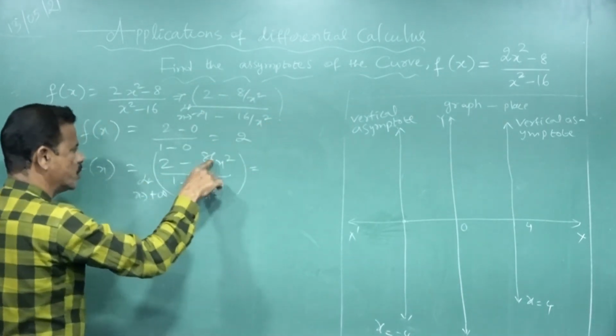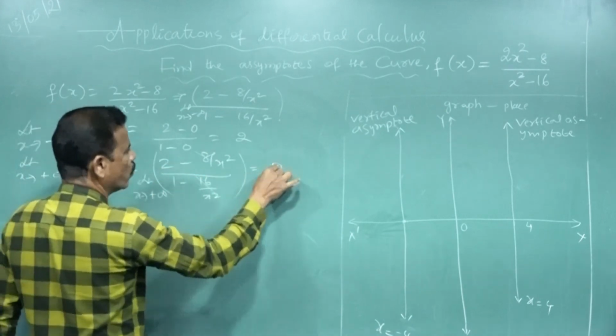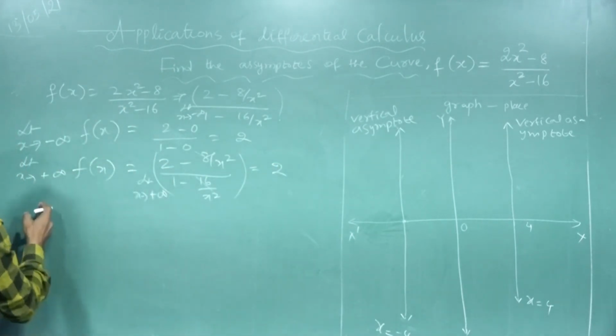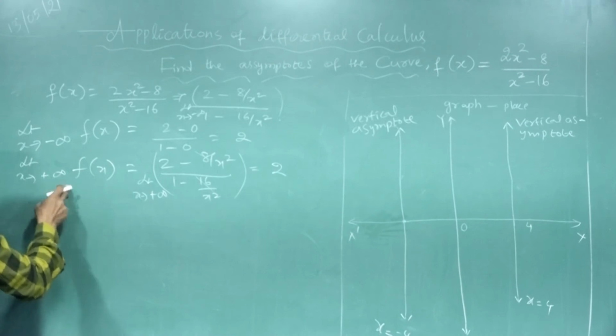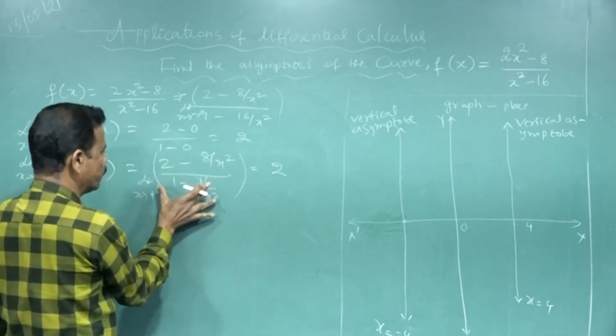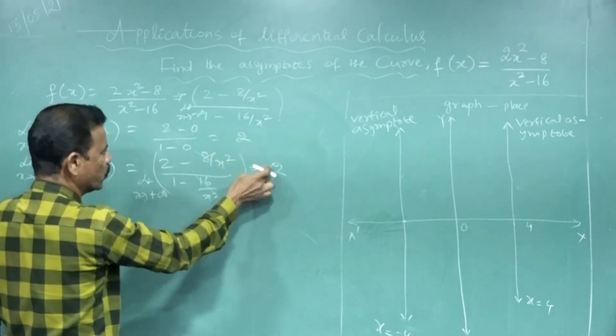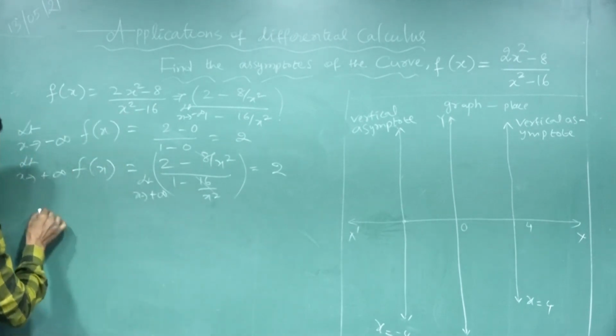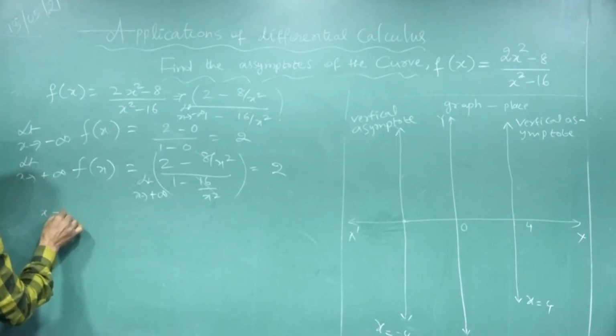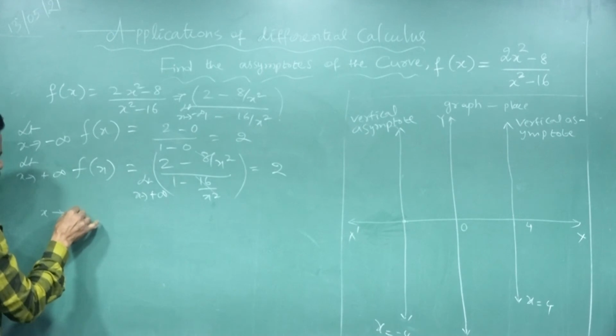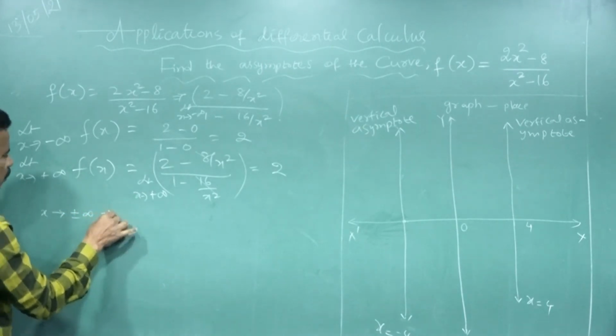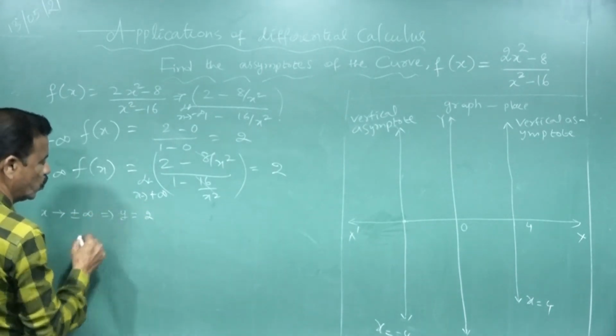Here also it is 0, so 2 by 1, we get 2. So as x tends to minus infinity or plus infinity, both y values are 2. This f of x is the y value, so y is equal to 2.